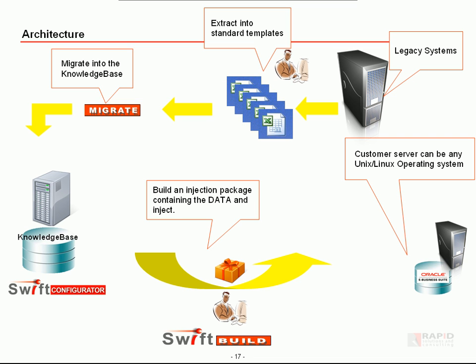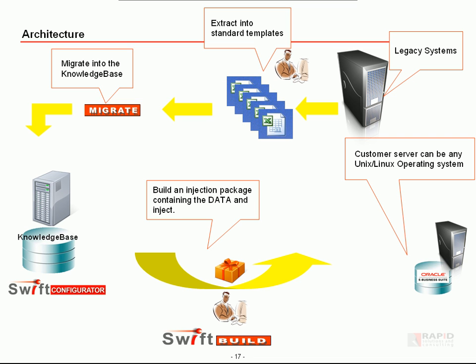Each field on the screen is a BR100 table. Each tab on the screen is a BR100 table. So the master data, the migrate data, follows exactly the same format as the Oracle screens.